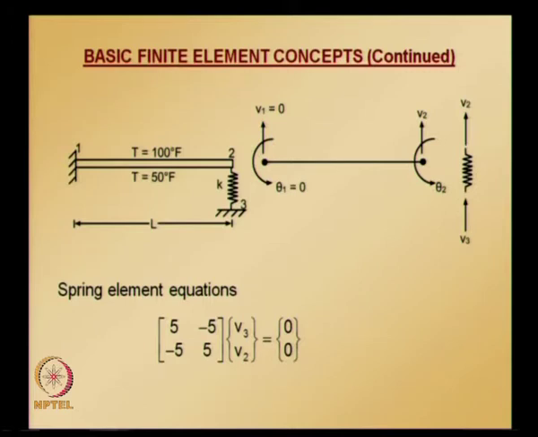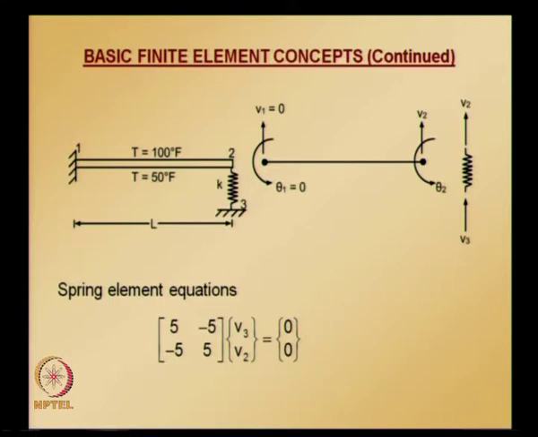Since we numbered node 3 as local node 1 and node 2 as local node 2 for the spring element, in the spring equations, that is 5, minus 5, minus 5, 5, the contribution at the 1 1 location of this equation system goes into the 5 5 location of the global equation system, and the quantity minus 5, which is at the 1 2 location, goes into the 5 3 location.